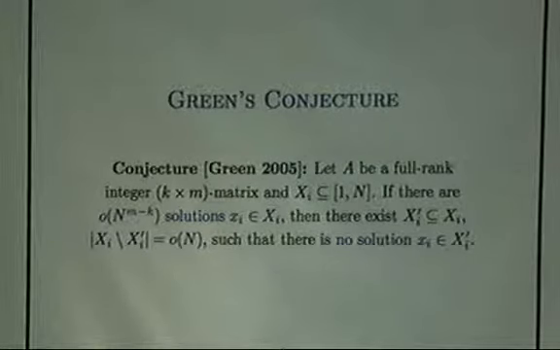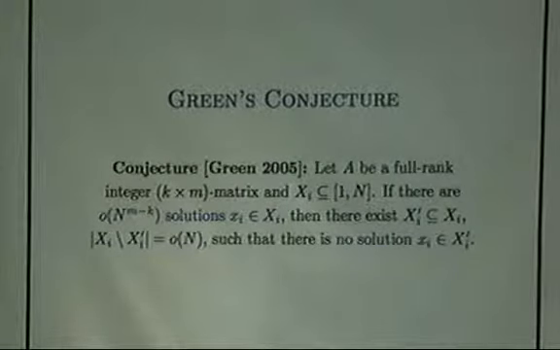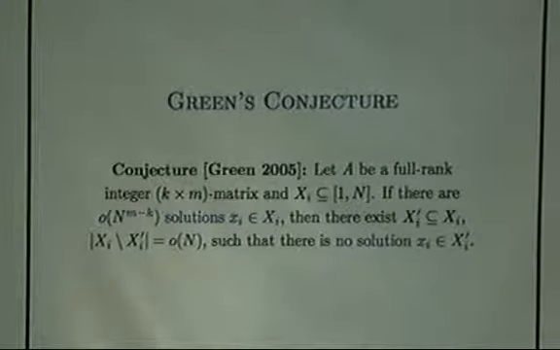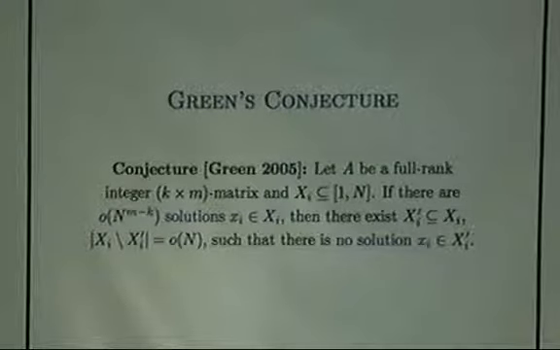Now the maximum number of solutions you can hope for is of order n to the m minus k, because the matrix is full rank, so its kernel is of dimension m minus k. If you recall some basic linear algebra, you see that the maximum number of solutions you can hope for is of order n to the m minus k.